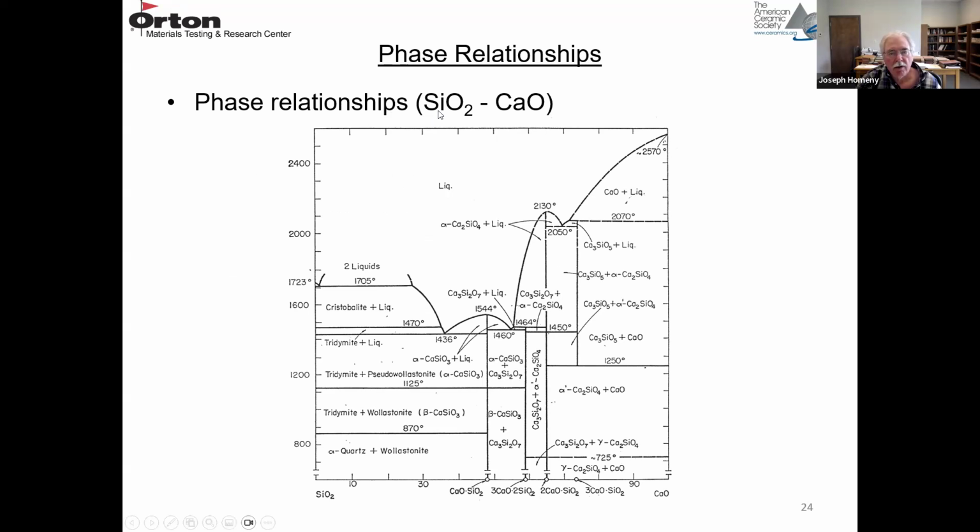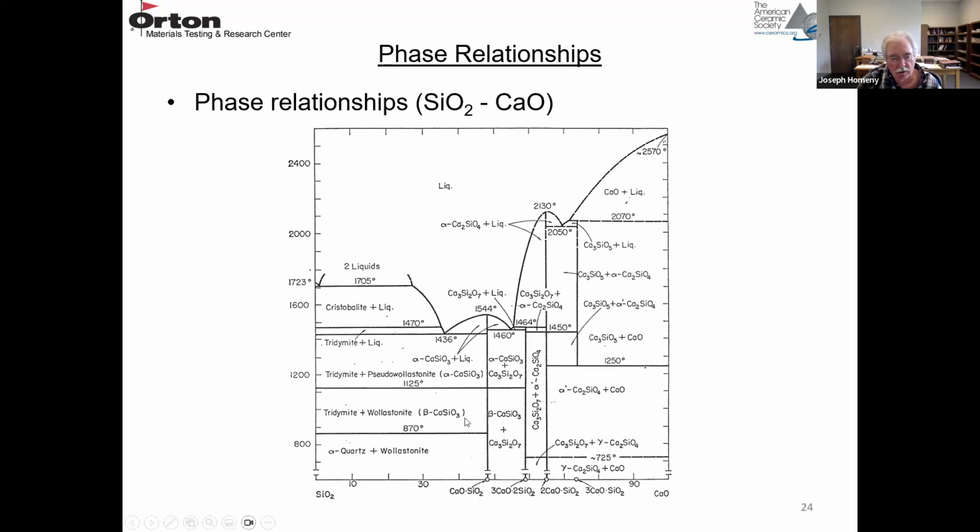So this is the phase diagram for SiO2 and CaO. Here's 100% SiO2, and this is 100% CaO. And this one goes from about 800 to 2400 degrees C. So we're right over here, just a few percent lime. So here, as you heat it up, you see you have alpha quartz and wollastonite.